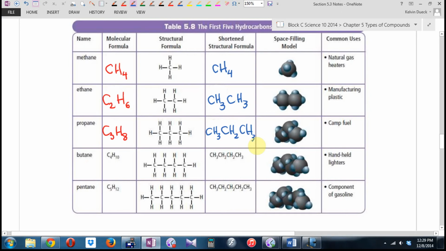Courtney, where do we use this? So methane is used often in natural gas heaters. Methane is natural gas. Ethane, used a lot in manufacturing plastic. Propane, barbecues, camp fuel. Butane, handheld lighters contain butane because butane barely needs to be under any pressure to go liquid. So even that little plastic lighter can handle the pressure.